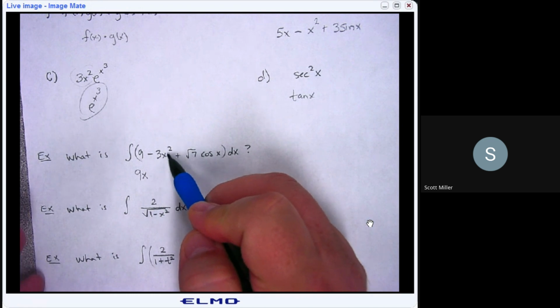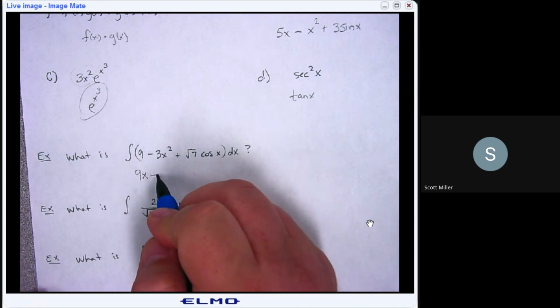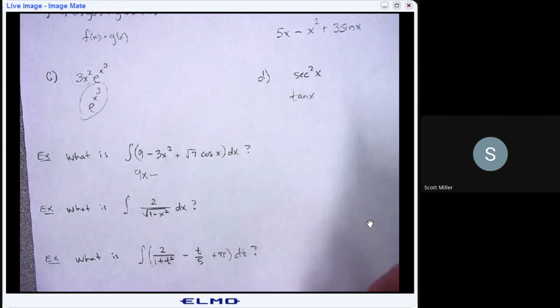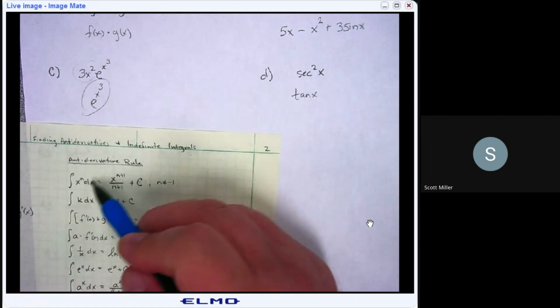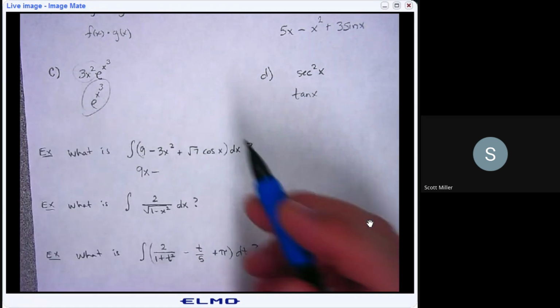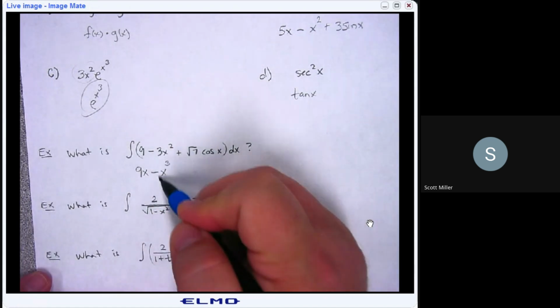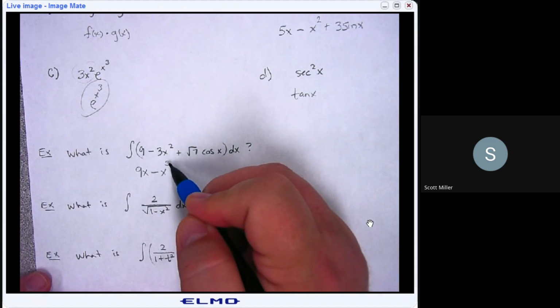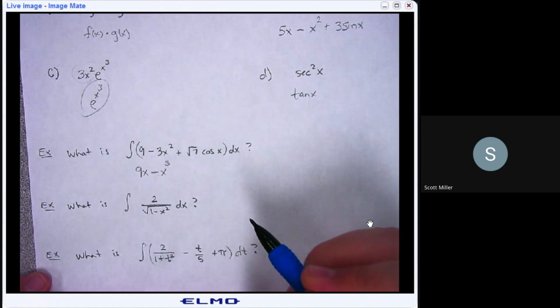I'm going to raise this power by 1 and then divide by the raised exponent, which is this one right here. This is for power rules. Raise the power by 1, divide by the raised exponent. And so this is simply going to be x to the third. Take the derivative of it just to make sure. Take the 3, multiply it out in front, lower this by 1, gives me that quantity right there.